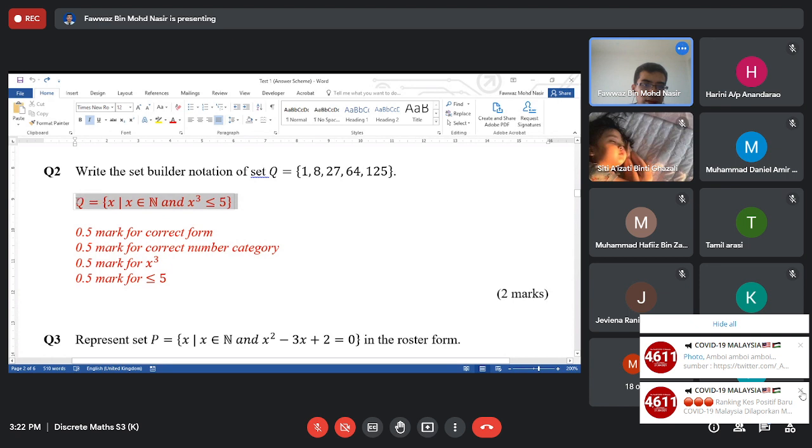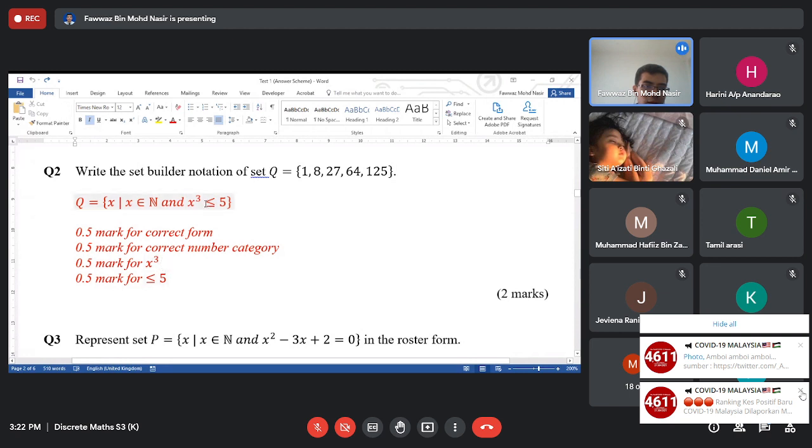If you write your answer in set builder notation, you get 0.5 mark. If you state the right number category, in this case the set of natural numbers, you get 0.5 mark. If you write X cubed, you get 0.5 mark.